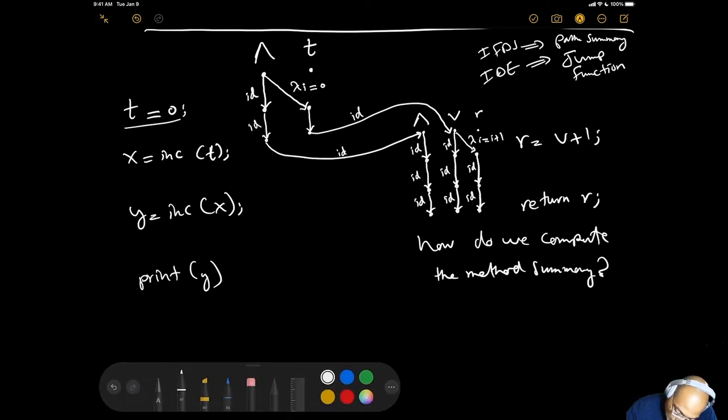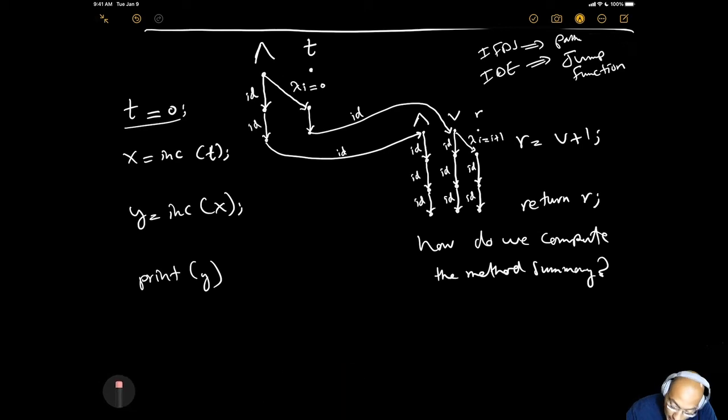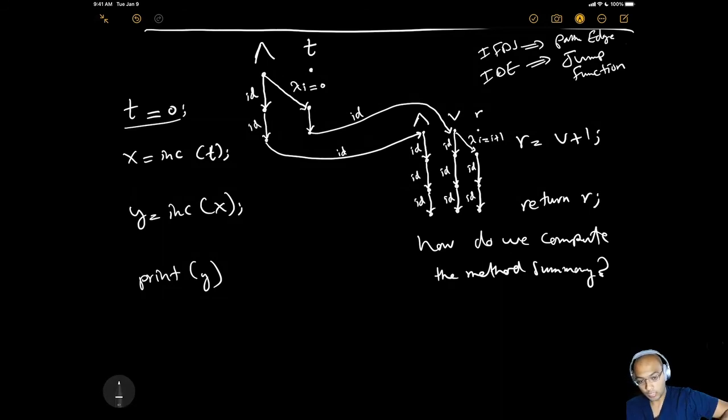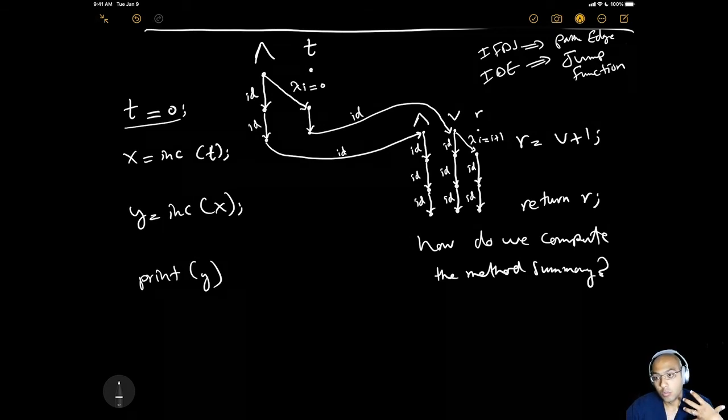In IFDS, a path edge was the edge that summarizes the path from the tautological fact to the current point in the program. Jump functions are going to do exactly the same thing, but for IDE, where you have function annotations on the edges rather than just data flow facts propagating from one edge to the following.